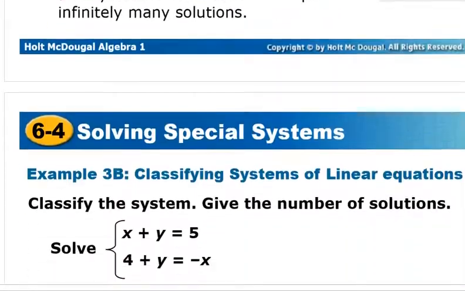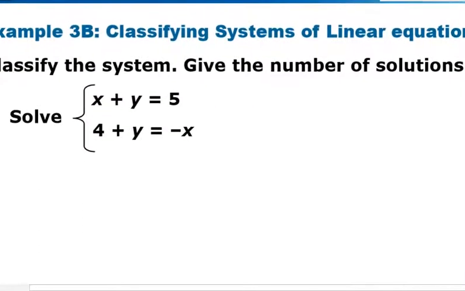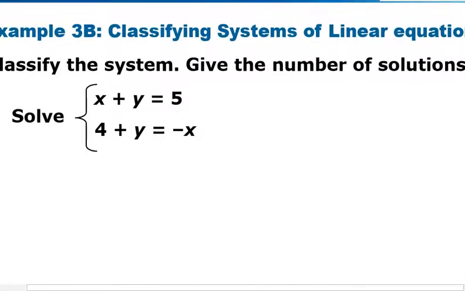Okay, let's do another one. I'll try not to show the answer this time. There we go. This one, let's see here. Let's try to get y alone right here. So I'm going to subtract this 4. I'm going to use my substitution method again. Okay, I'm going to take this and plug it into the y in the first one.